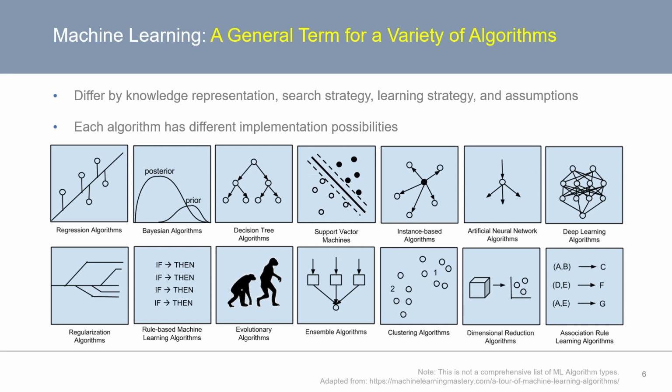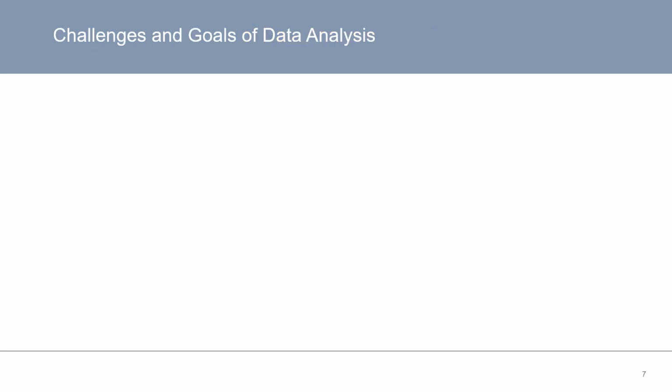It's also important to know that every algorithm can be implemented in different ways and in different coding languages, with effectively infinite ways to algorithmically approach machine learning as a methodology. Now let's discuss some of the challenges and goals involved in data analysis that motivate our use of machine learning.